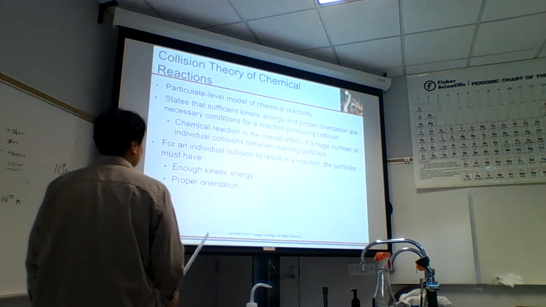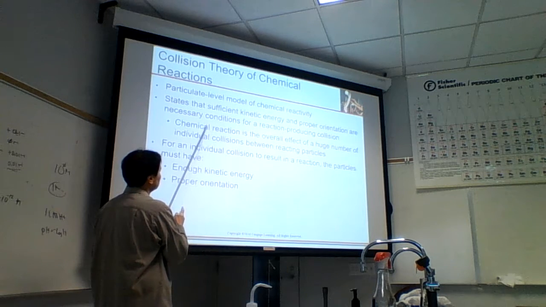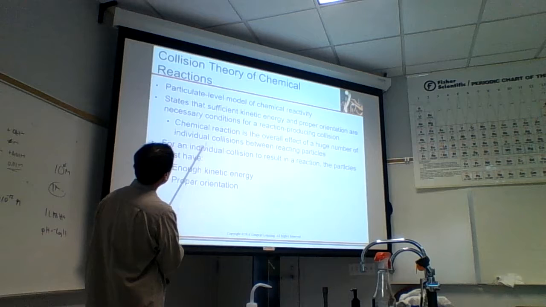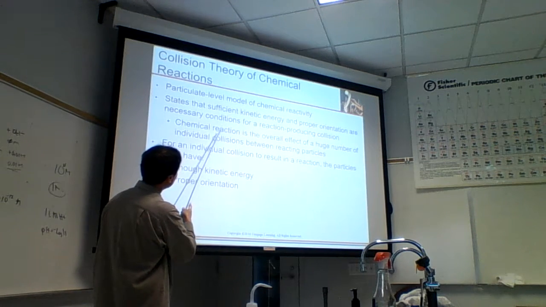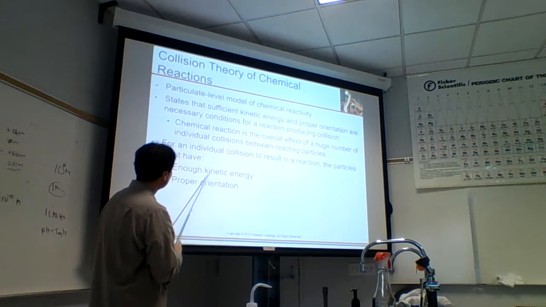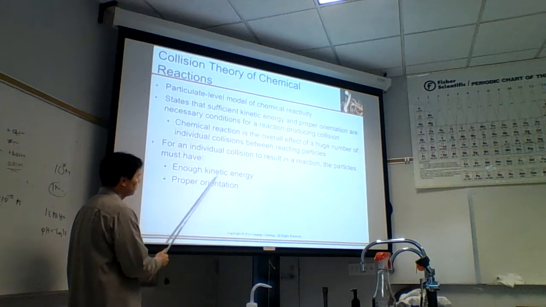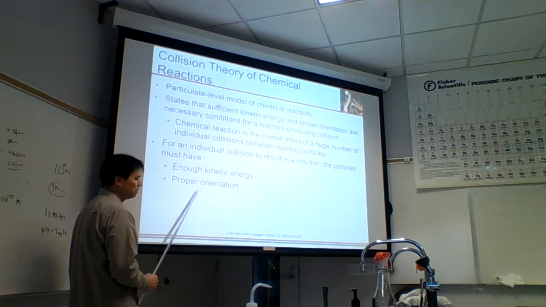When we're looking at the kinetics, the speed of reactions, we look at collisions, and we call this collision theory. So what do we call it? Collision theory of chemical reactions. Collisions are going to break bonds and form new bonds, but in order to break bonds, you have to have enough kinetic energy. Not only that, you need the proper orientation.